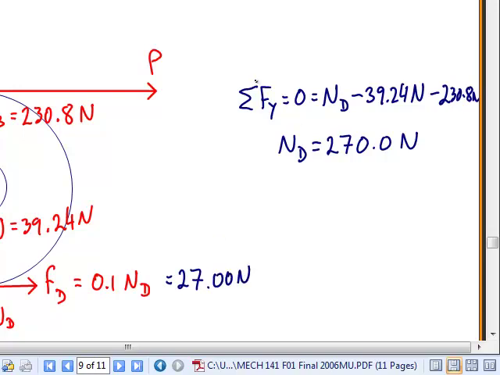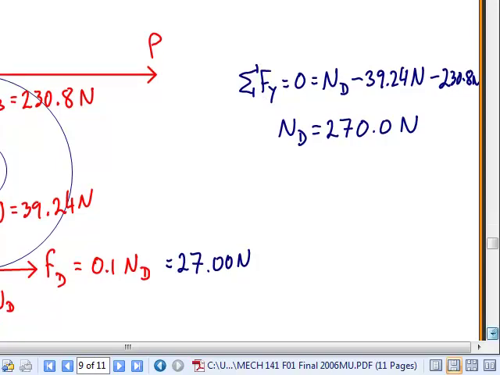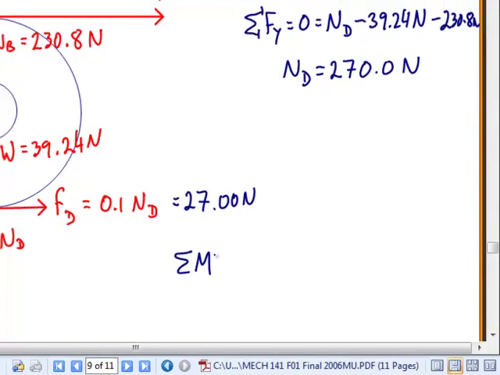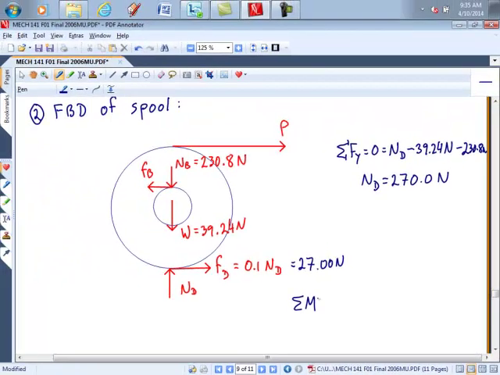Now we can go to the moment equation. What are we going to take moments about? We could take moments about center. Problem with taking moments about center is I'd have two unknowns.